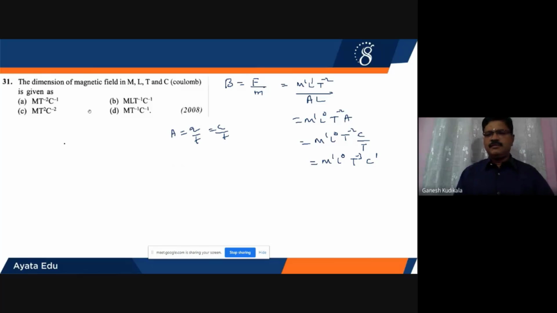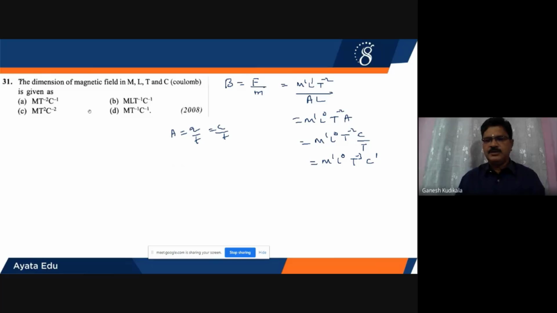Magnetic field is force per unit pole strength. Force is M1 L1 T power minus 2. M1 L0 T power minus 2.